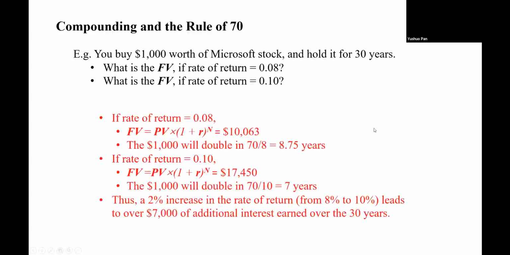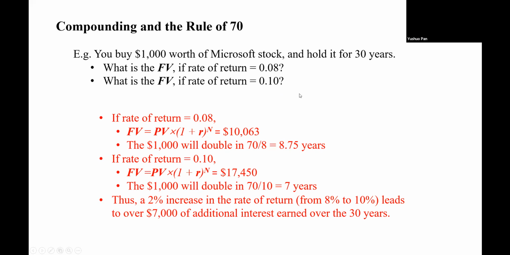If the rate of return is 8%, then put all the numbers in that equation, and you will get this number. If the rate of return is 10%, you can get this amount. You can see the difference between the two returns is just 2%, right? From 8% to 10%.